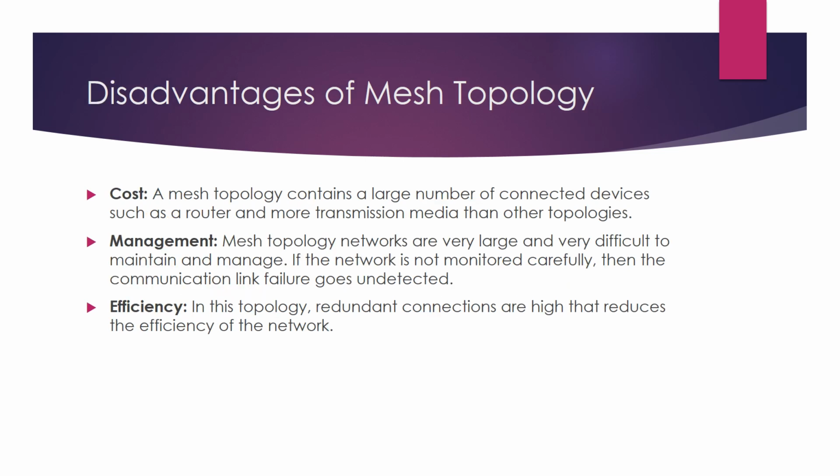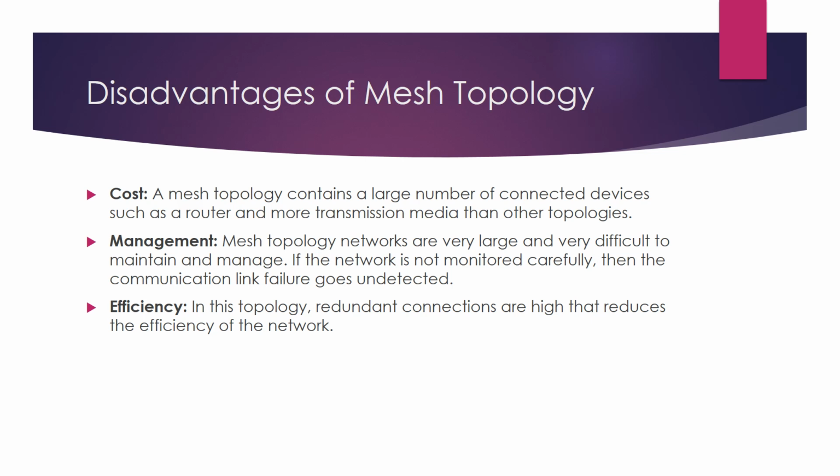There are disadvantages of mesh topology as well. The first one is cost. Definitely, the implementation of mesh topology is very expensive, with a large number of connected devices. A router will be required, more wire will be required, and more transmission media than in other topologies will also be required.